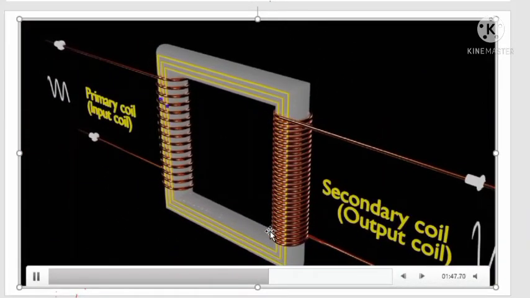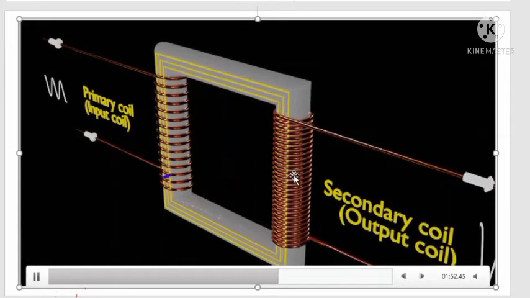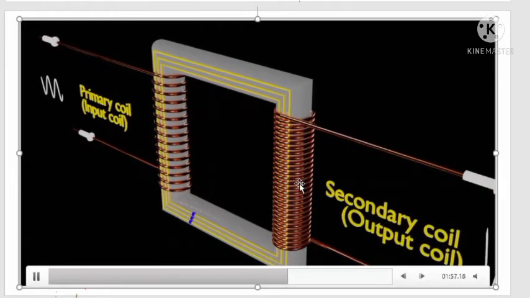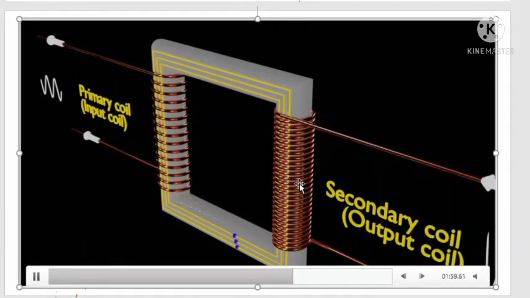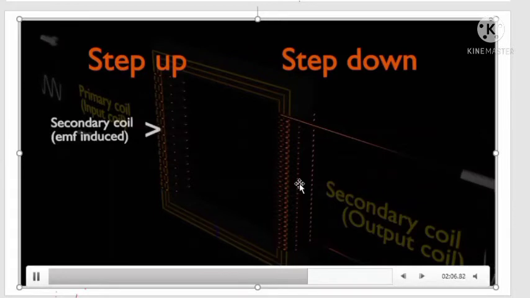When the circuit in the secondary coil is complete, the current will flow in the secondary circuit. We call it secondary current or induced current. Thus, from here we can say that a transformer works based on the concept of electromagnetic induction.